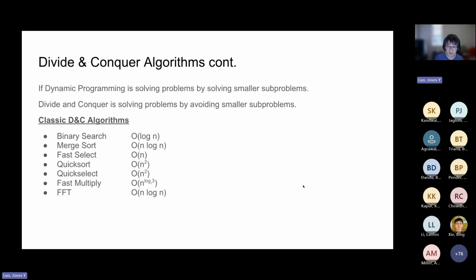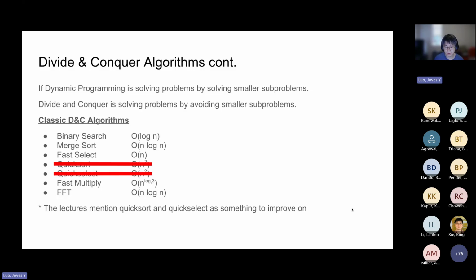They are divide and conquer algorithms. You should not use them. They are mentioned as an example and how we can improve upon them. Quick sort is improved upon by using merge sort. Quick select is improved upon by using fast select. So do not use these, or else you're going to ruin your overall runtime. That's important to know.